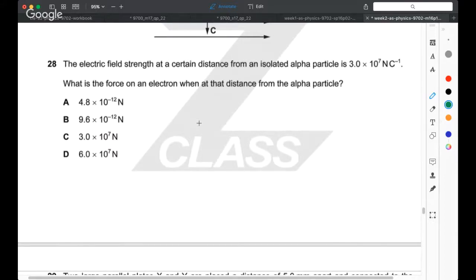Force on an electron. I don't know. The electric field is strong at a certain distance from an isolated alpha particle. What's an alpha particle? An alpha particle is 2 protons, 2 electrons.